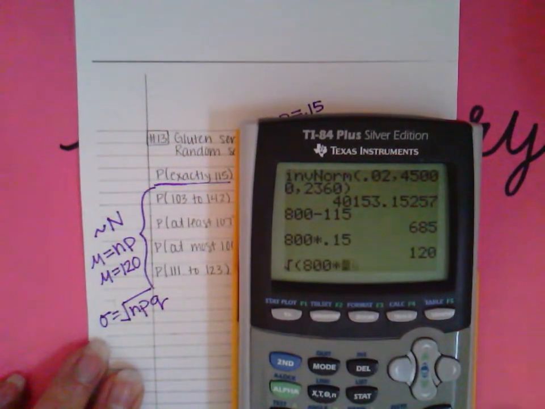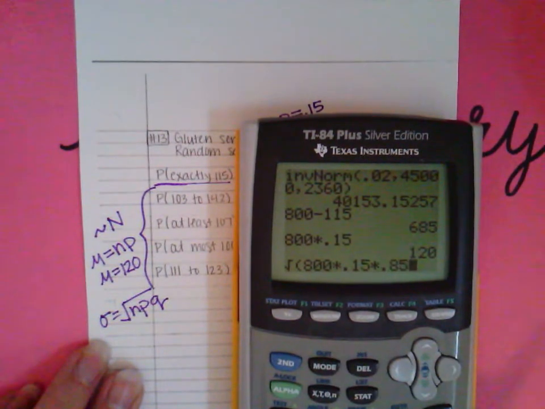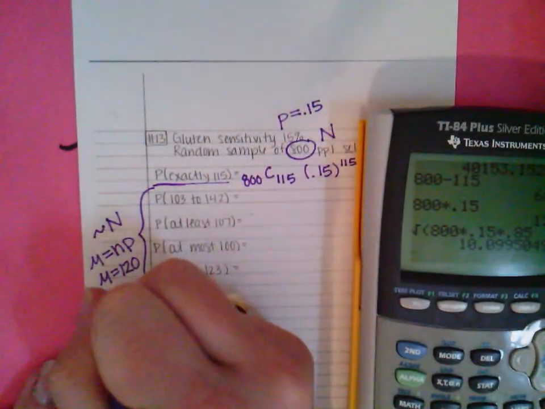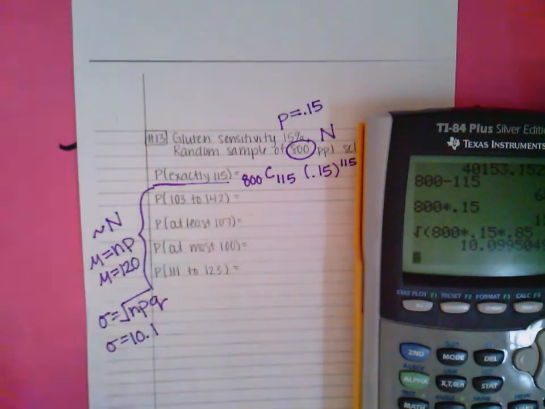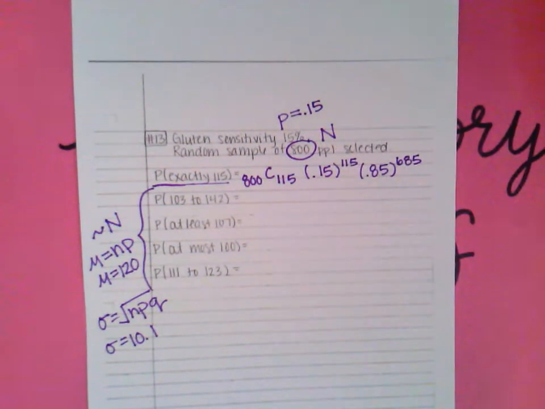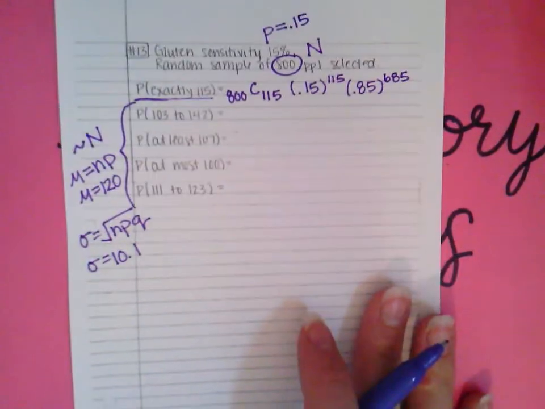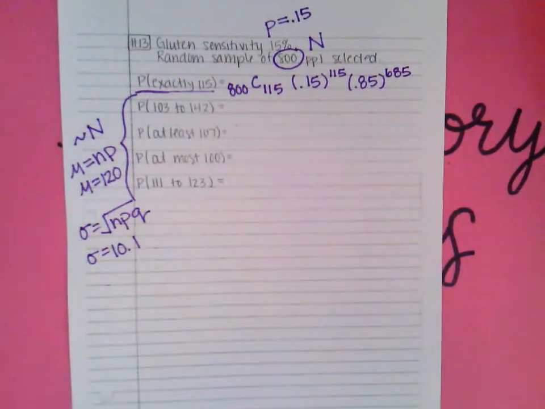So n times p, and then q is 1 minus p, so 0.85. The standard deviation is 10.1, because that's going to round up. You're then going to solve this like a normal model question like we've been doing with all of the other questions, with this mean and standard deviation.